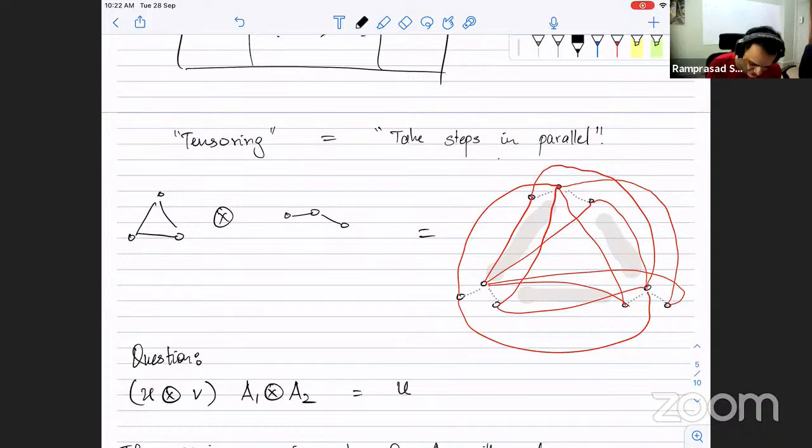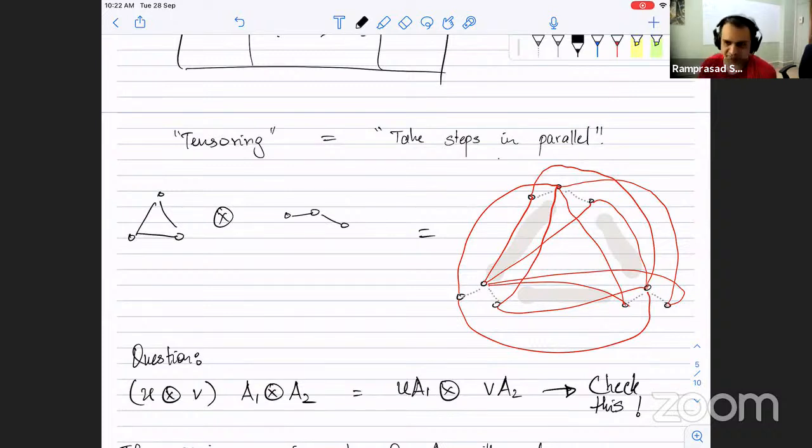So this is UA1 tensor VA2. I'll insist that you check this. You do it once, you're convinced of it, and the mental picture of taking steps in parallel stays with you and you can move on from there.